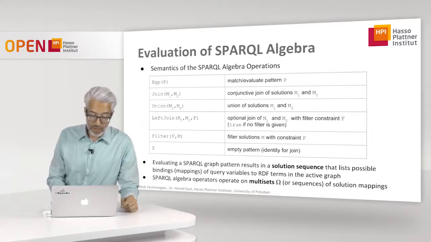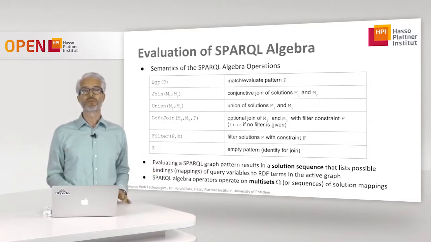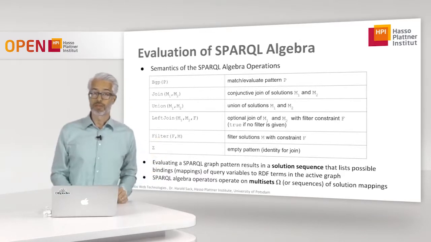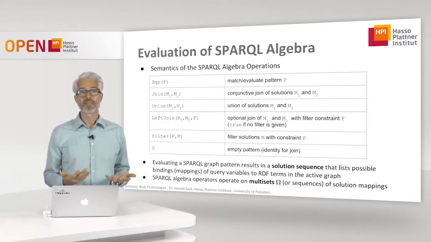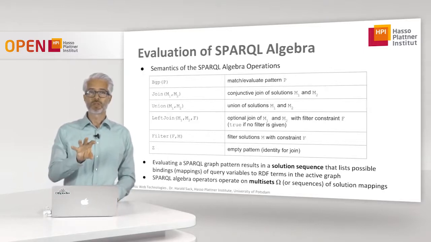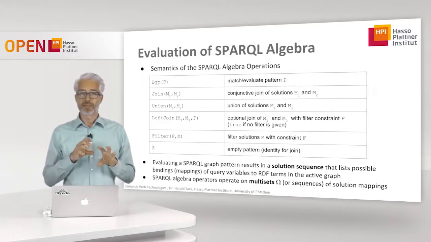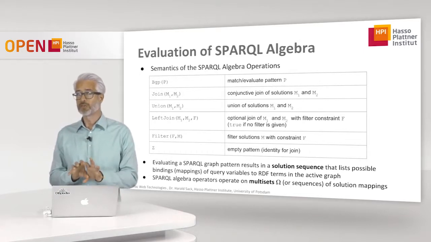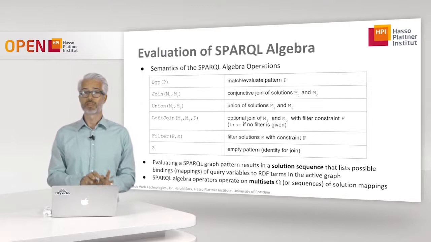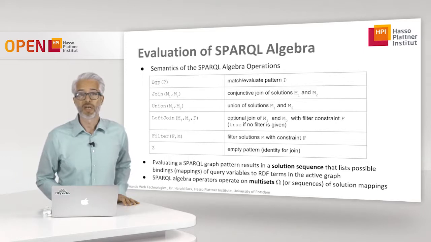Okay, so now evaluating a SPARQL graph pattern results in a solution sequence. We already know that. This solution sequence, which contains all the possible mappings or matchings and variable bindings in the active graph, is what we really try to achieve in our evaluation. So it is necessary that we find out the variable bindings, the mappings of the variables which are specified in these abstract SPARQL query expressions.